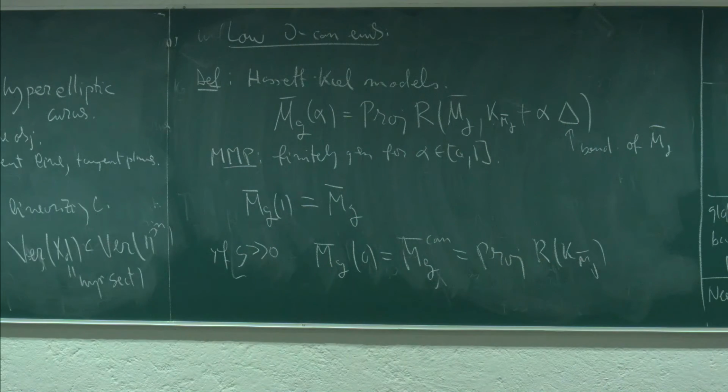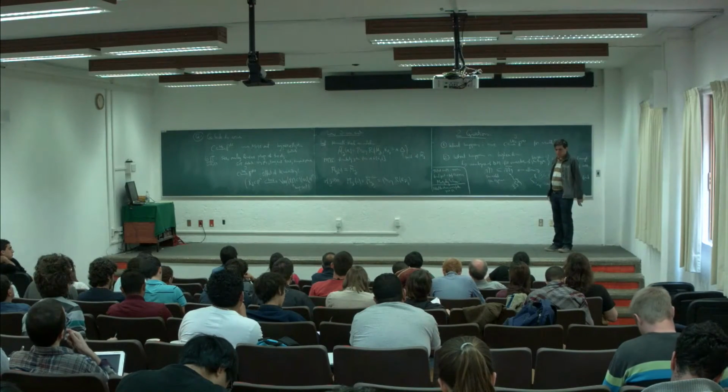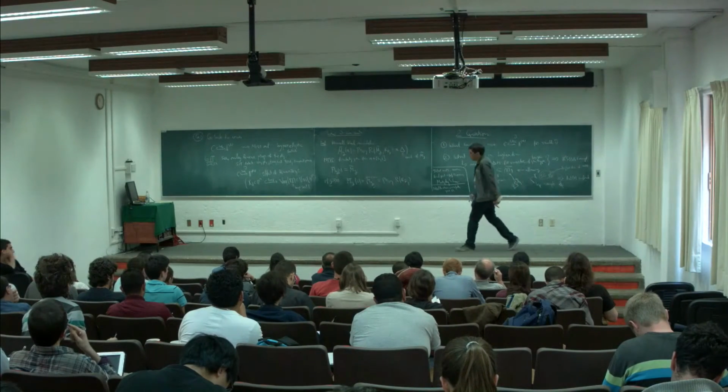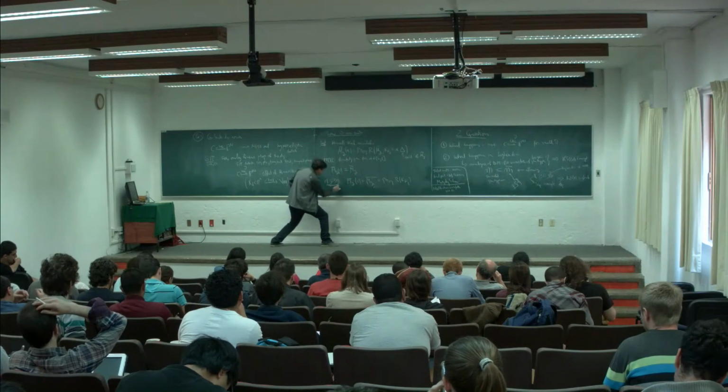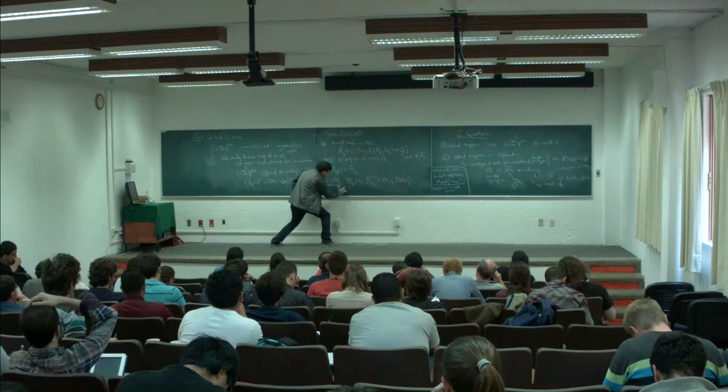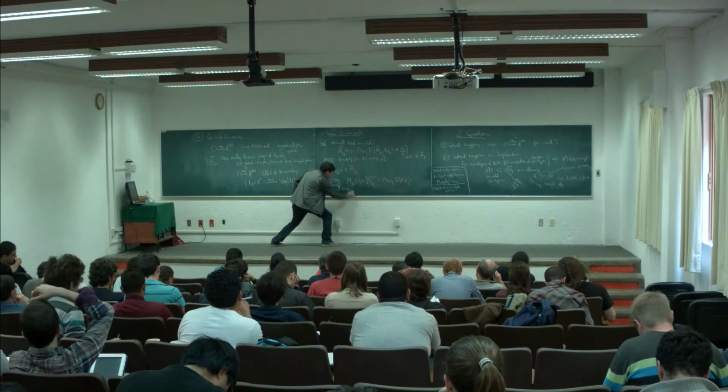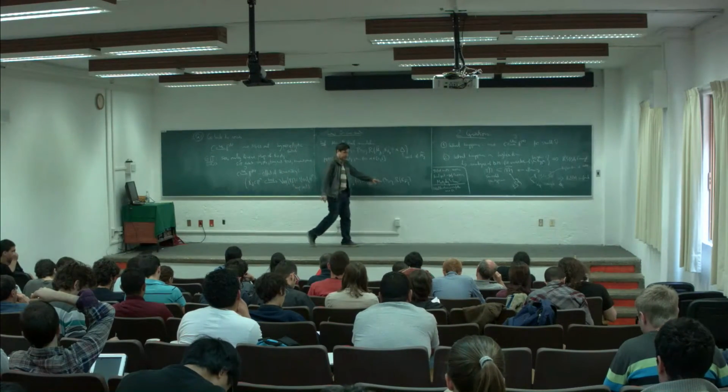So this is the canonical model of the Deligne-Mumford compactification. So you need here, and this I think was discussed earlier, that for g large enough, M_g bar is of general type, and then this makes sense.